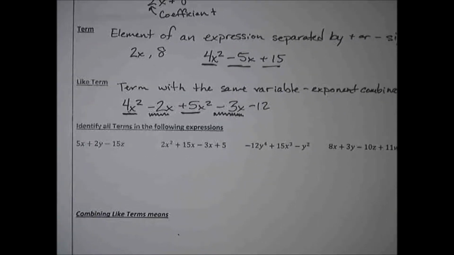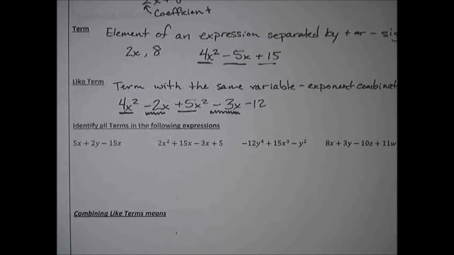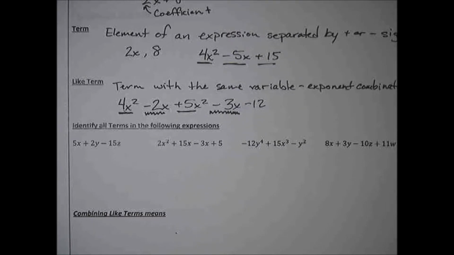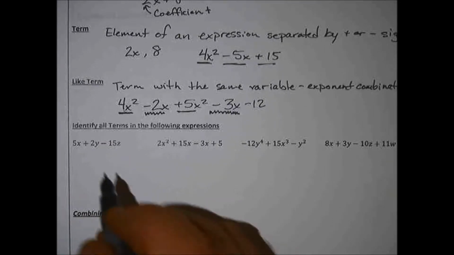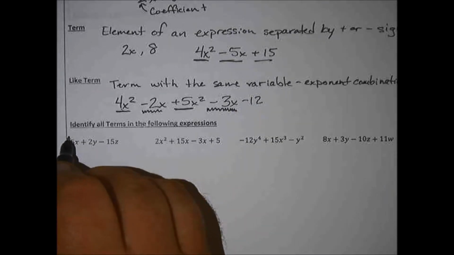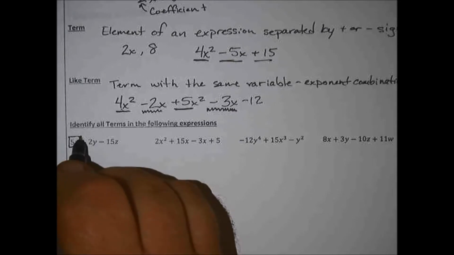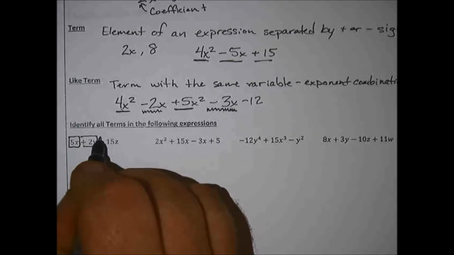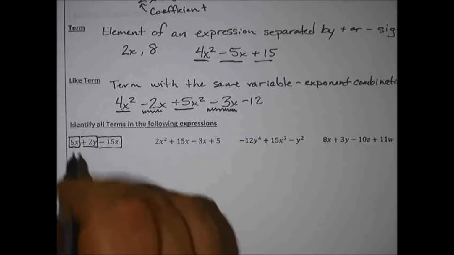All right, so down below, first set of examples here, we are going to be identifying all like terms in the following expressions. So the way that I like to do it is I like to just kind of piece these things out. So here I have a 5x, here I have a plus 2y, and a minus 15z.